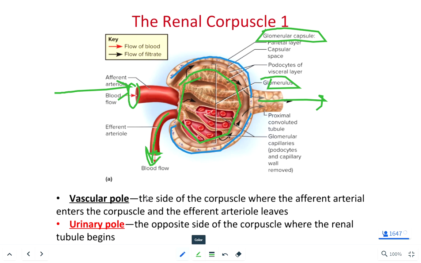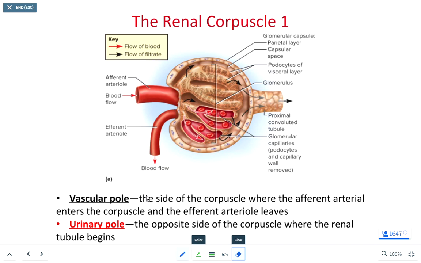It's also worth emphasizing that there's a special kind of cell known as a podocyte. Podocyte literally means foot cell. And the podocytes have a lot of extensions coming off of their bodies, wrapping around the capillaries of the glomerulus. And these podocytes can regulate the leakiness of these glomerular capillaries.